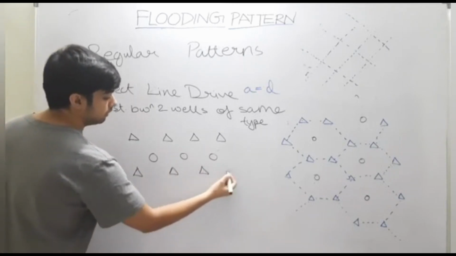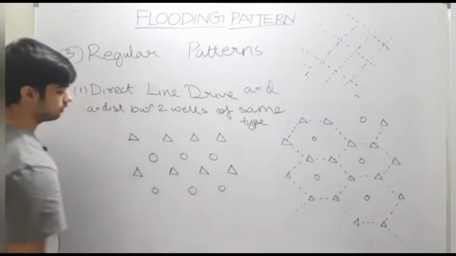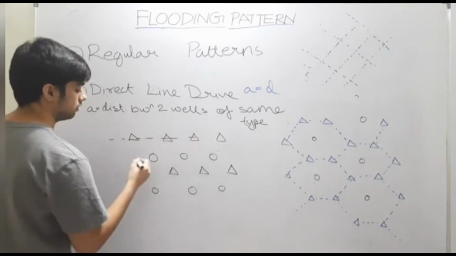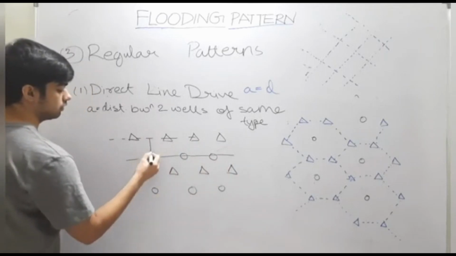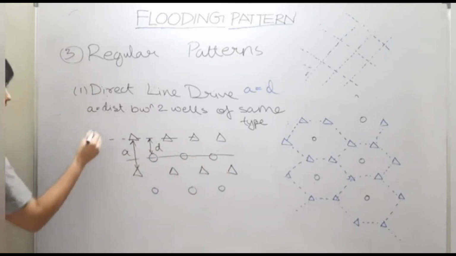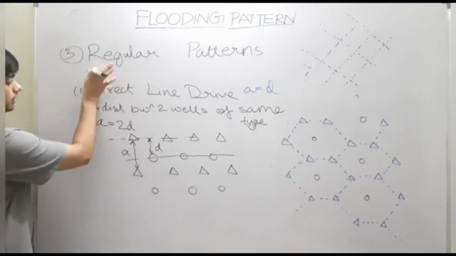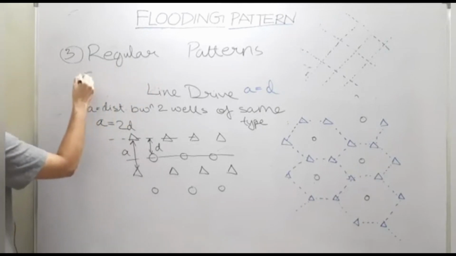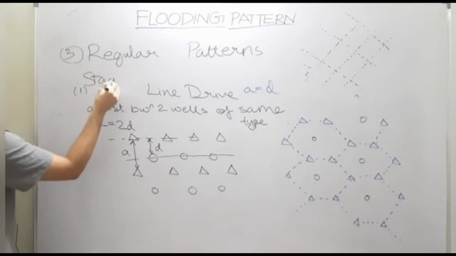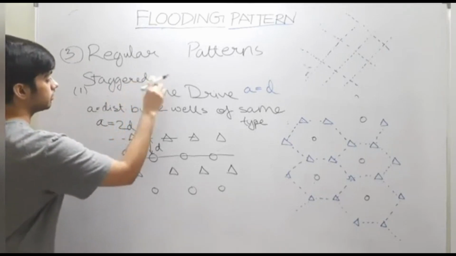So these wells are placed alternatively. This will be your d, this will be your a. So a is twice of d, and this pattern is called staggered line drive.